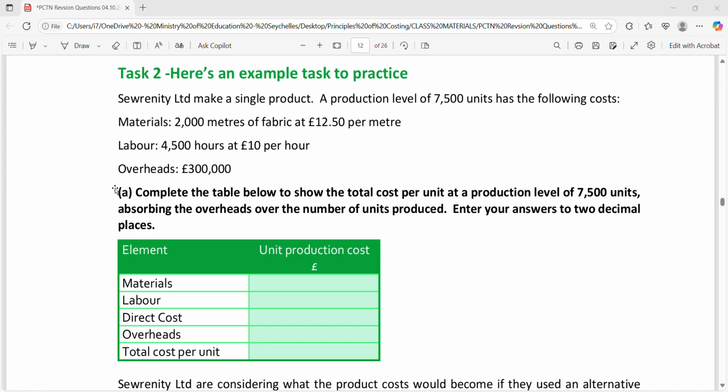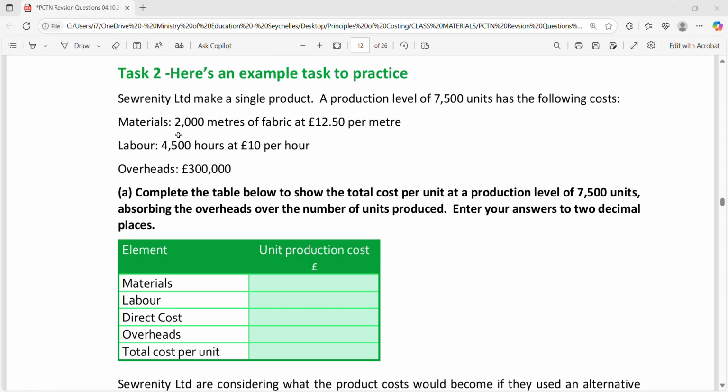Remember, this is the total cost of producing 7,500 units. So I'll start with material cost, then labor cost. The material cost here, they needed 2,000 meters, and the cost per meter is 12.5.